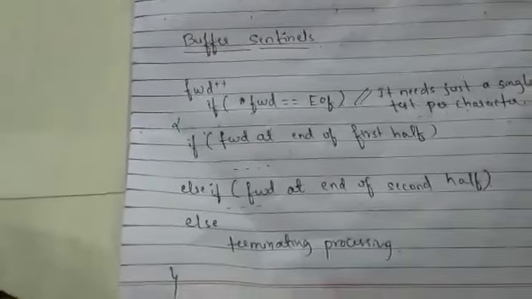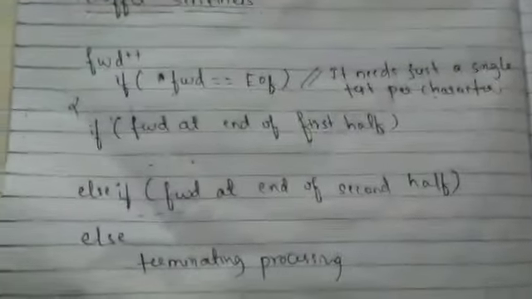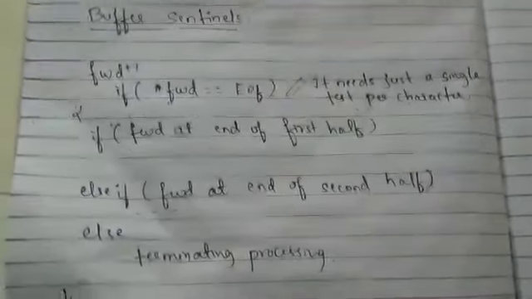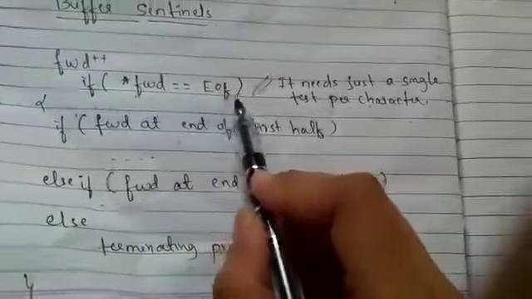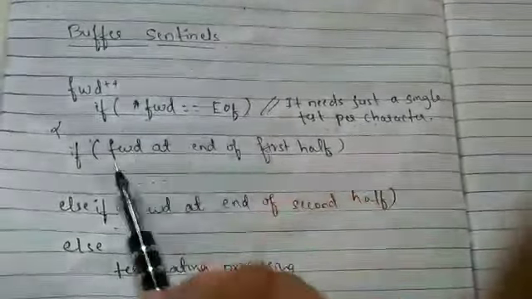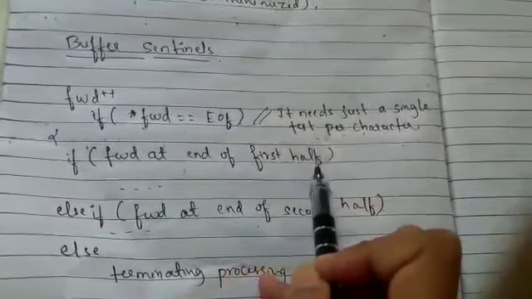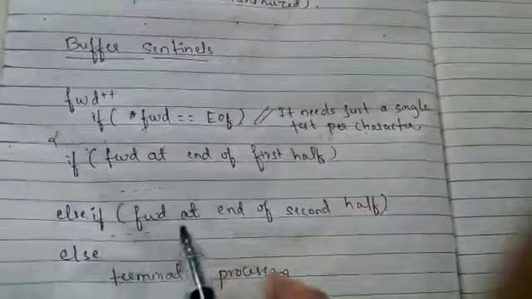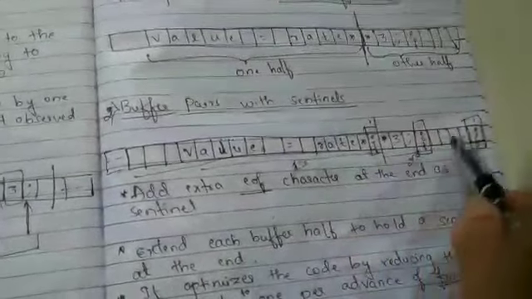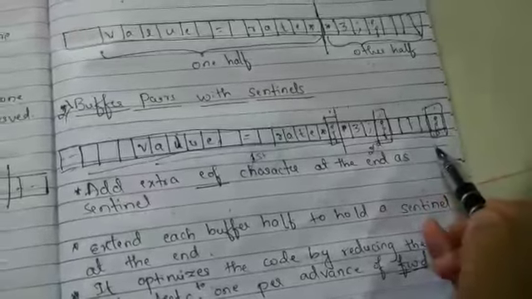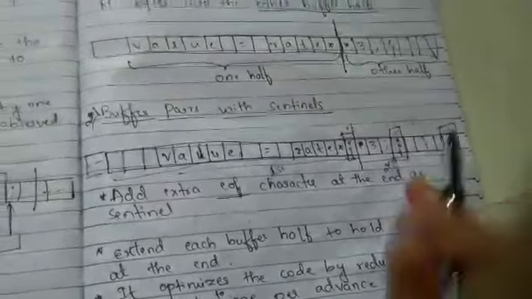Now at the start itself, we need to check for EOF, using forward plus. If forward is equal to EOF, if forward is at the end of the first half, it will go; else if forward is at the end of the second half, as already told. It means either it is the end of the first half, or the end of the second half, or it is terminating the statement.